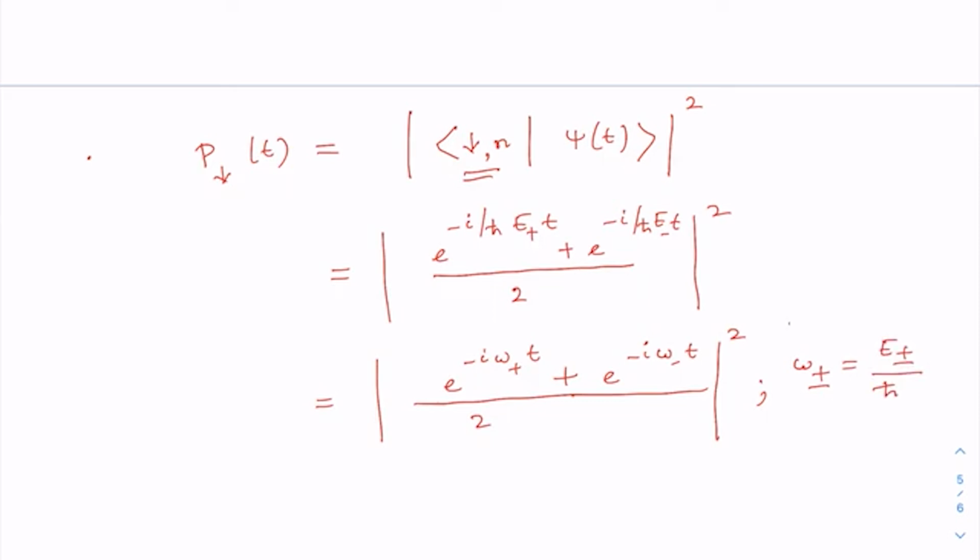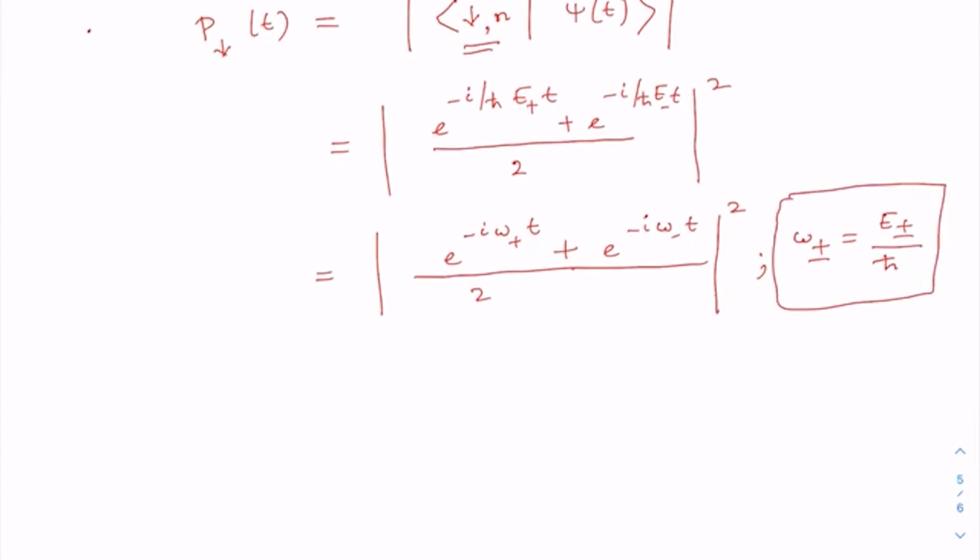I'm writing both expressions using just one equation. Now if I break it, I will have 1 by 4 because it is mod, so I have e to the power minus i omega plus t, e to the power minus i omega minus t here, into e to the power plus i omega plus t plus e to the power plus i omega minus t.